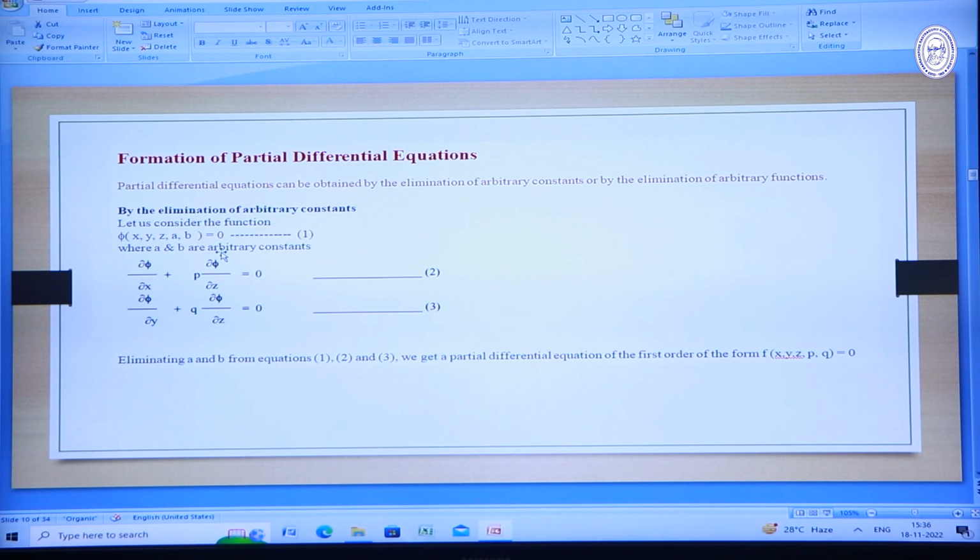To form a partial differential equation from this equation, we differentiate it with respect to x, then with respect to y, then x and y, and we get these equations. Eliminating the arbitrary constants a and b from equations 1, 2 and 3, we get the differential equation of the given equation phi equal to 0.